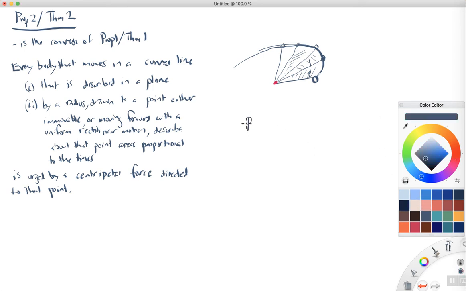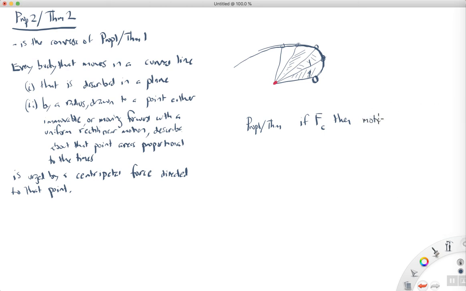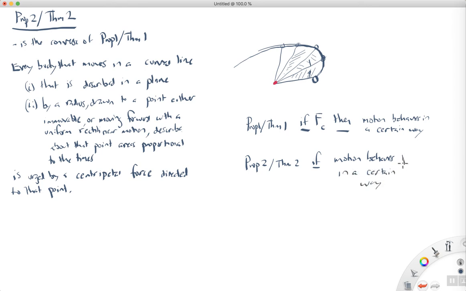Whereas Proposition 1, Theorem 1 said if there's a centripetal force, then the motion behaves in a certain way, so if that, then that, Proposition 2, Theorem 2 says if the motion behaves in a certain way, then you can infer that there must be a centripetal force. So these two are converses of one another.